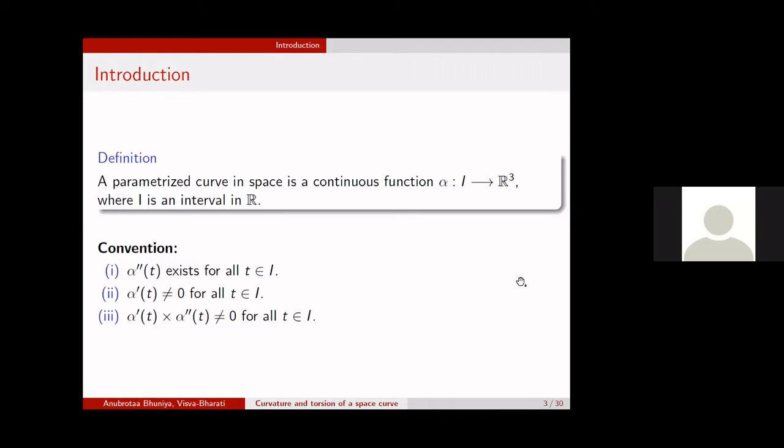Now if we think physically, a curve is something we can get from a straight line, right? If we want to make a circle from a wire, then we just have to bend the wire in a certain way.